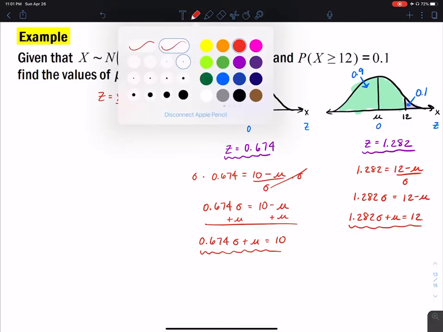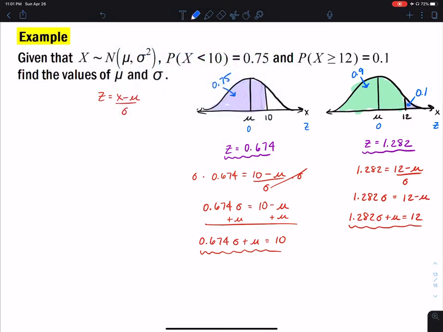So if you take these 2 equations now and you put them together, it doesn't really matter which one you put on top or the bottom. I did this, I did 1.282, put this one on top, and this one on the bottom.